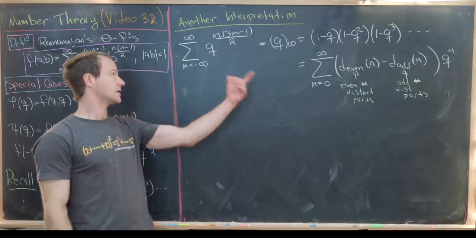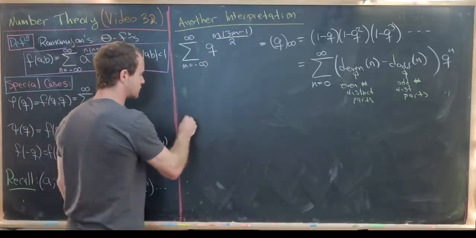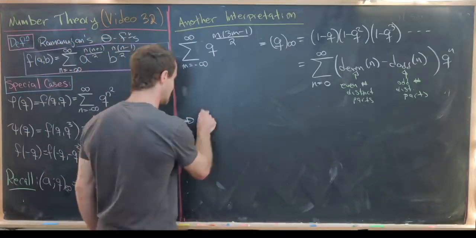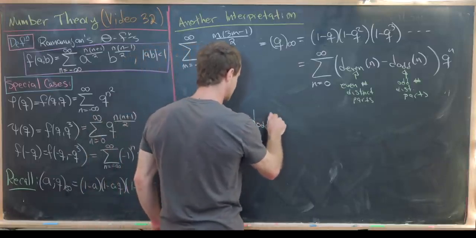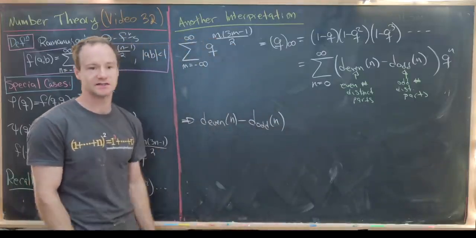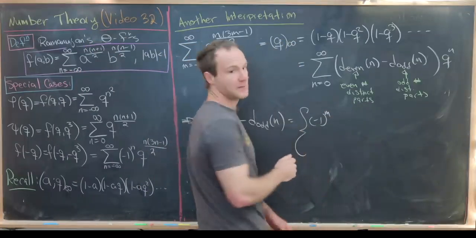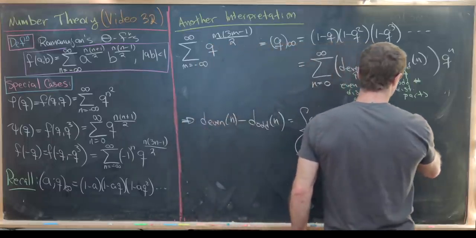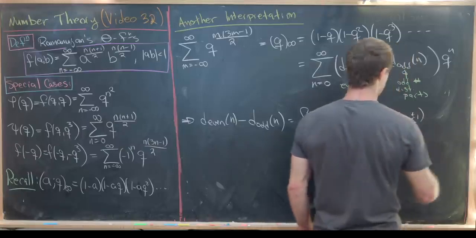Great. But now, given that that's equal to this from our previous proposition, we have this nice rule, which is, like I said, another version of Euler's pentagonal number theorem. The difference between these two numbers of partitions, in other words, the number of partitions of n into even distinct parts and odd distinct parts, is equal to (-1)^m if n is equal to m(3m plus or minus 1)/2.